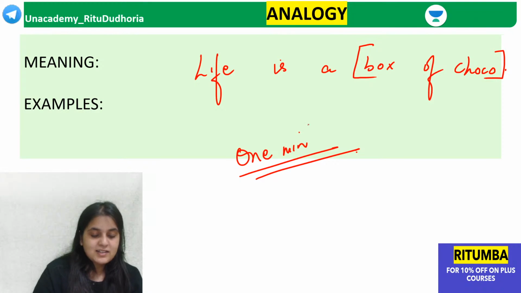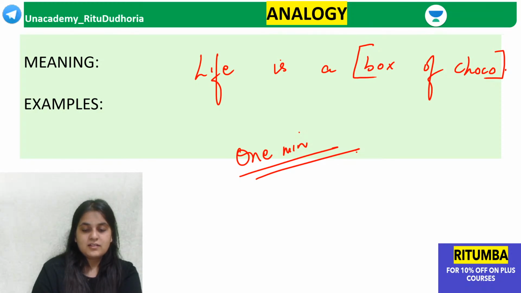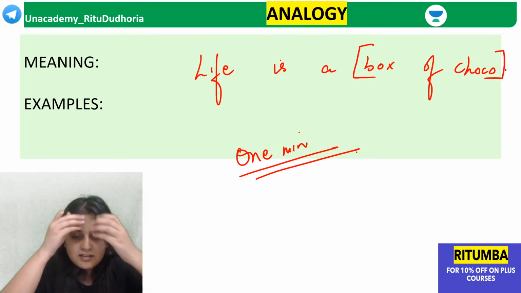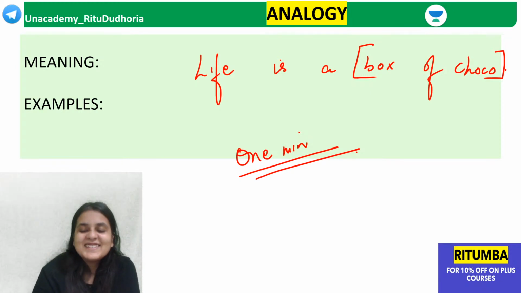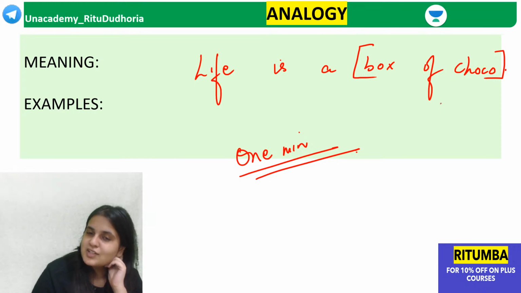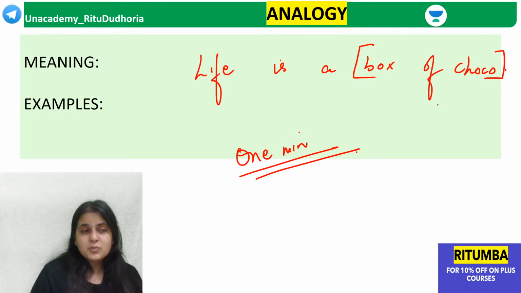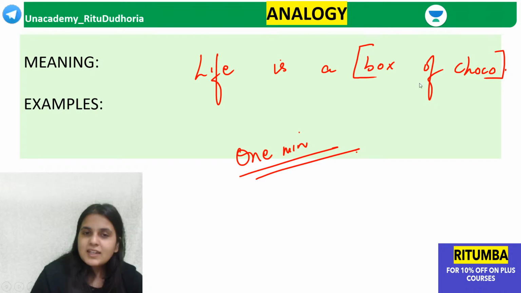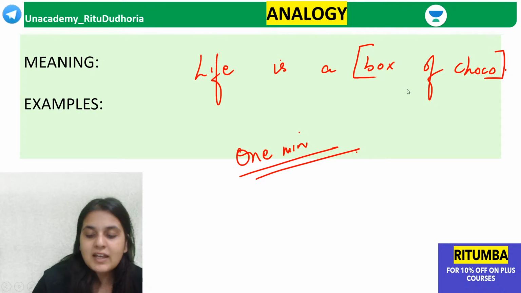Now it's clear, guys? Okay, I guess now it's clear. So guys, when you say life is a box of chocolates, it's like when you're having a box of chocolates, you don't know which flavor you're going to end up with. Similarly, when you say life is a box of chocolates, you never know what incident is going to happen in your life next. So guys, this is our comparison or analogy. Clear? More than clear. Good.